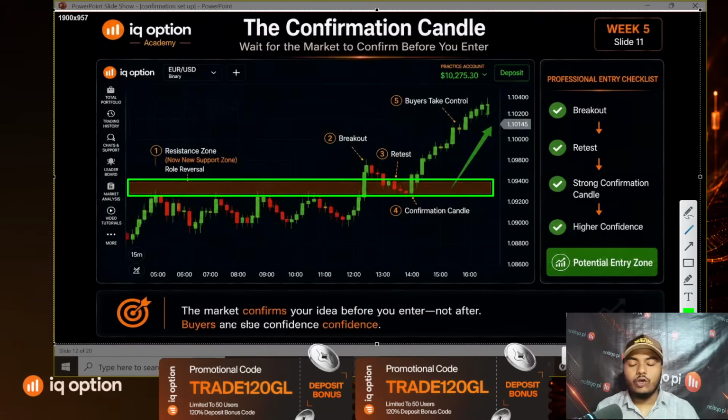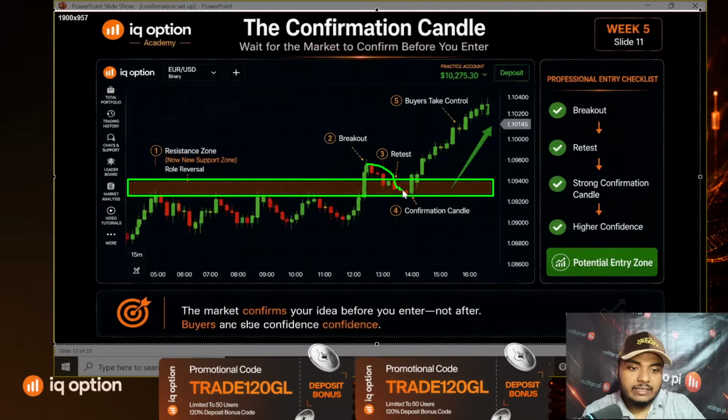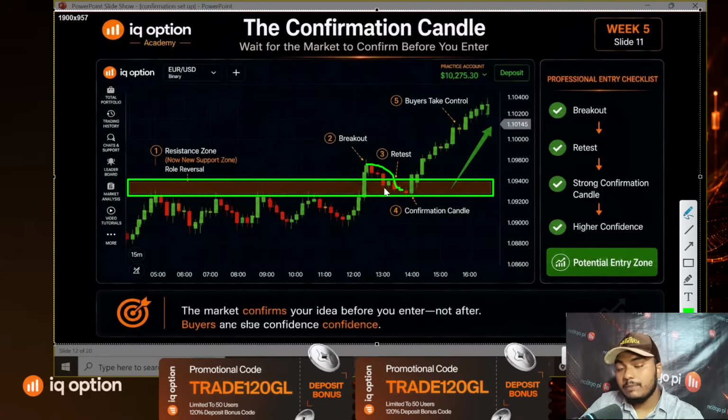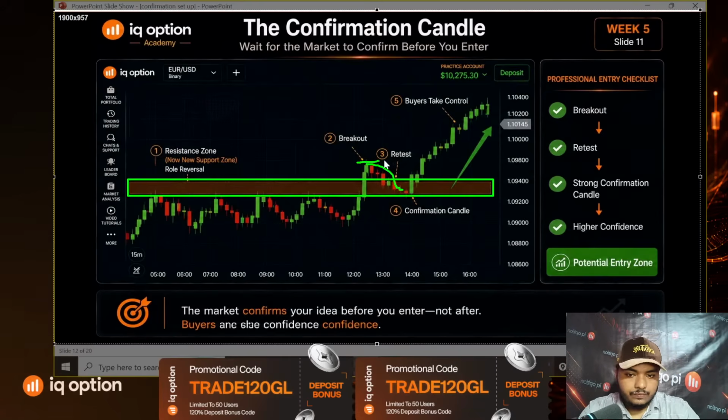A lot of traders get confused here. They think, okay, the retest area has closed exactly, we get a confirmation, we get both confirmations, the fourth step confirmation is also done. But after getting all the confirmations, you can't trade here because this is a resistance area. This high is very near.